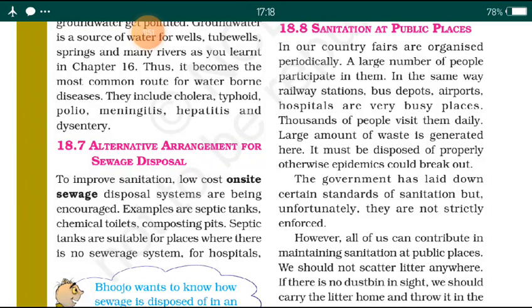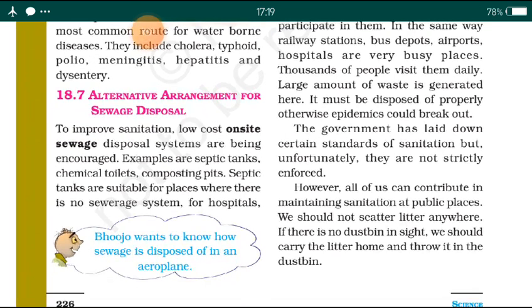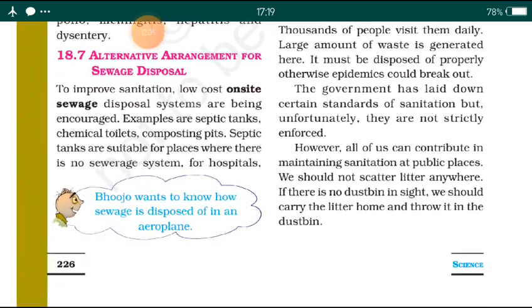Then 18.7 Alternative arrangement for sewage disposal. To improve sanitation, low cost on-site sewage disposal systems are being encouraged. Examples are septic tanks, chemical toilets, composting pits.